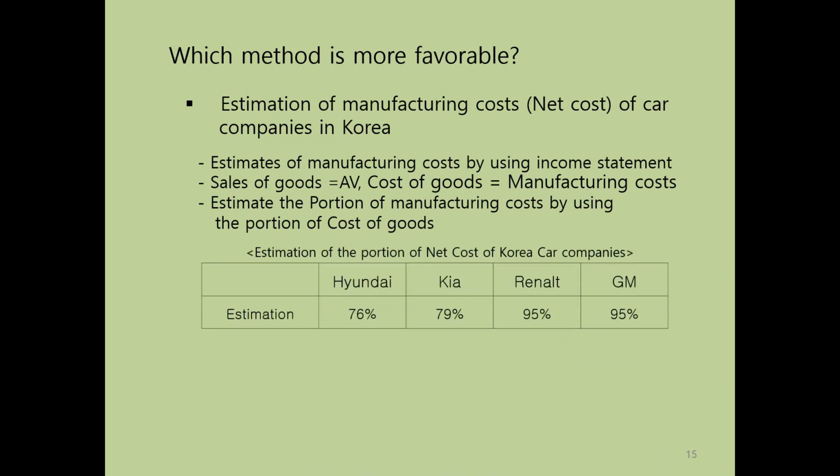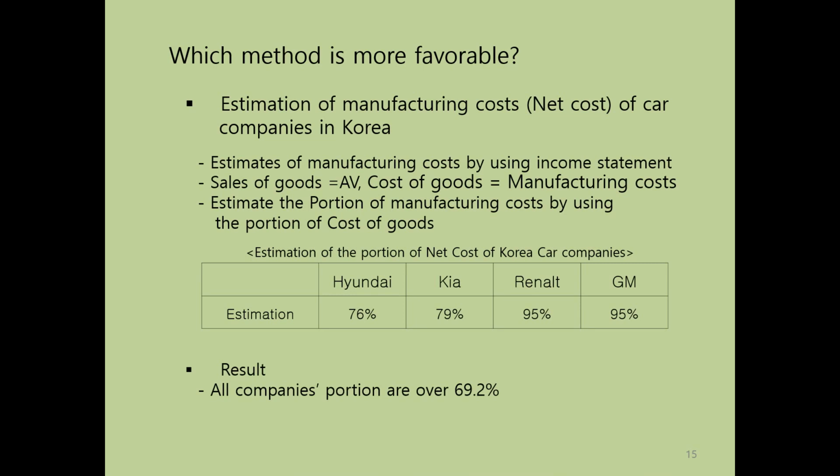This table shows the portion of cost of goods in sales of goods, and we will regard them as the estimated portion of manufacturing cost in AV. This table shows the portion of cost of goods in sales of goods, which we regard as the portion of net cost in product price. As you can see, all companies are over 69.2%.